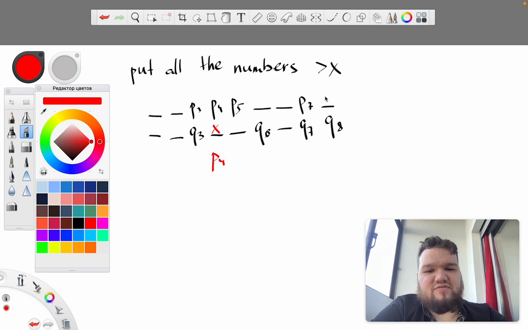The same if we put x here, the maximum will be Q8. What if we put x in some position where both were not filled? Well, then the maximum will be x, because all the numbers we will put after that are smaller than x. Even if we put both x's here, it still will be x.